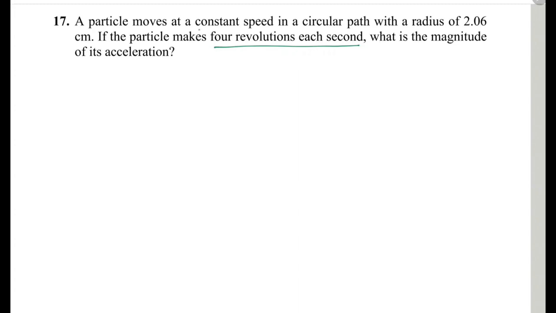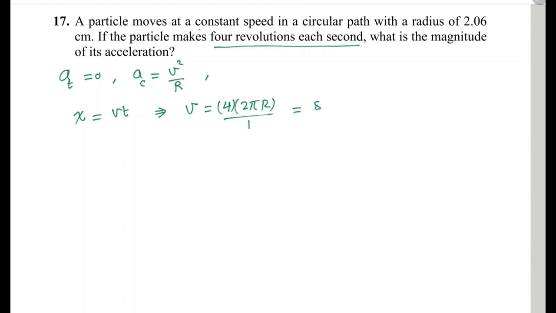Again, it's constant speed, no tangential acceleration, and the only acceleration we have here is the central, which equals v squared over r. Now, x equals vt, and in this case here, v equals 4 revolutions, so 4 times 2 pi r divided by each second, or equal to 8 pi times 0.02.